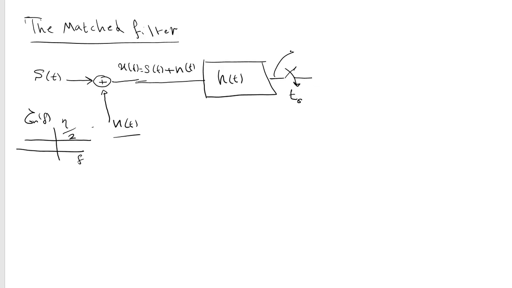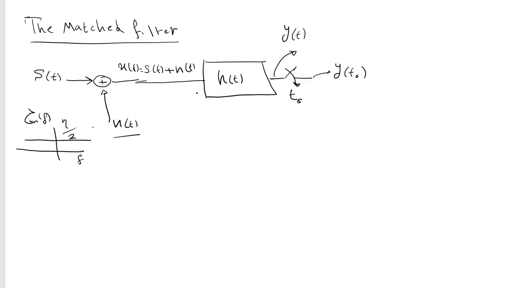Let's consider the output voltage y of t, and here we have one sample, y of t0. Okay, I'm gonna do some math and try to form signal to noise ratio and then maximize it.